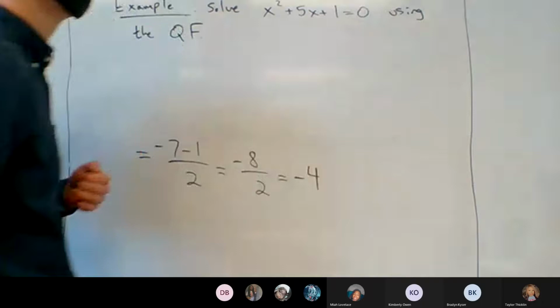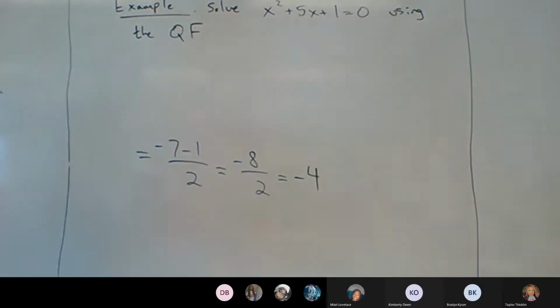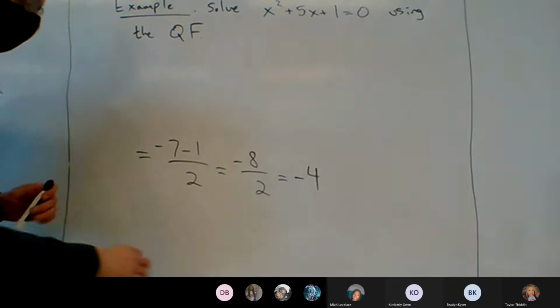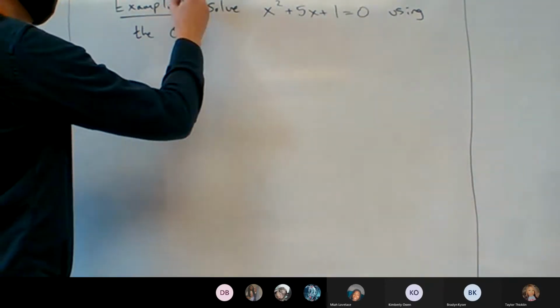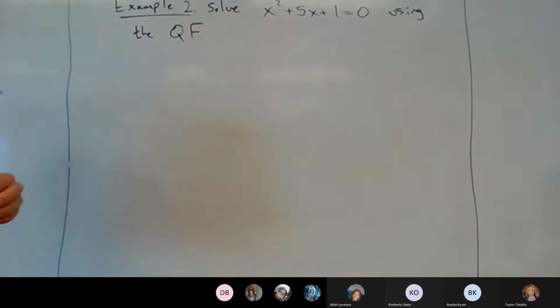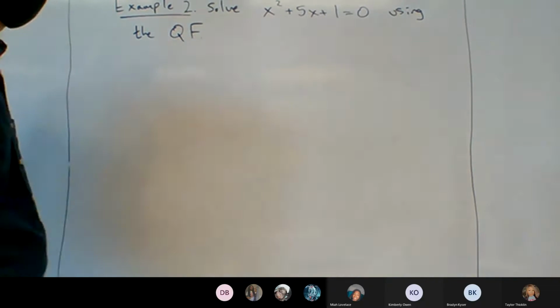So here comes that equation I wrote down earlier, x squared plus 5x plus 1. This is example 2. Solve x squared plus 5x plus 1 equals 0 using the quadratic formula.